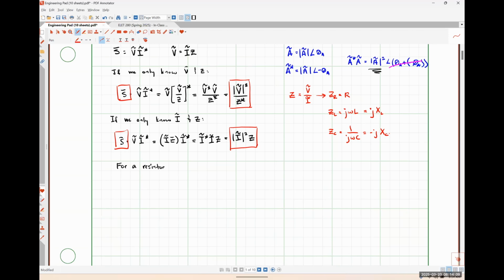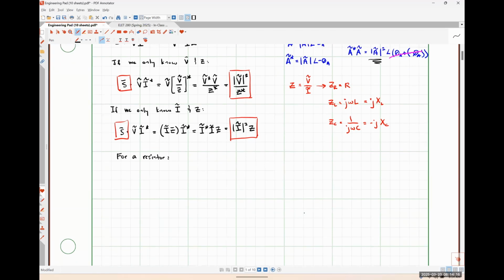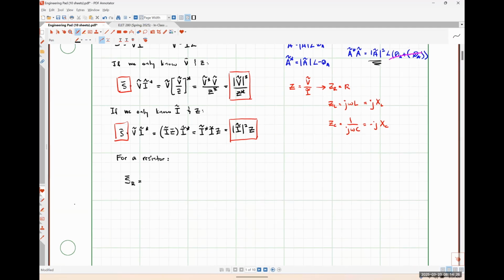Okay, so for a resistor, let's call our complex power relationship S sub R. We're talking specifically just for a pure resistance. We would have the magnitude of the voltage squared divided by the conjugate of the impedance of a resistor.